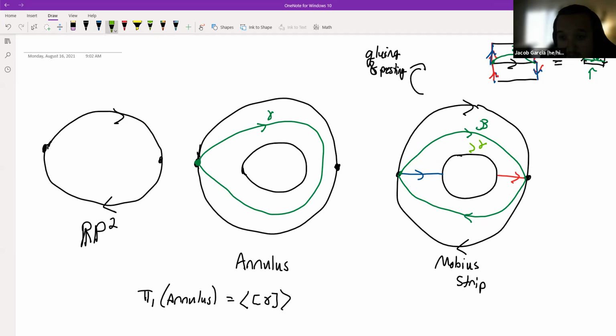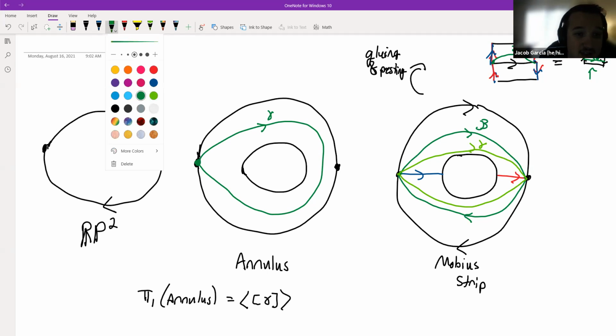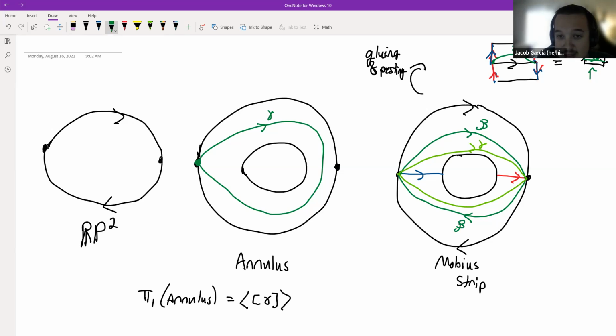Yeah, so instead of viewing gamma as going around once through the middle, I can deform gamma so that it hits this point and then goes back to the original base point, like this. And then it might be more clear that this top copy of beta is just the single curve that goes from the left point to the right point.